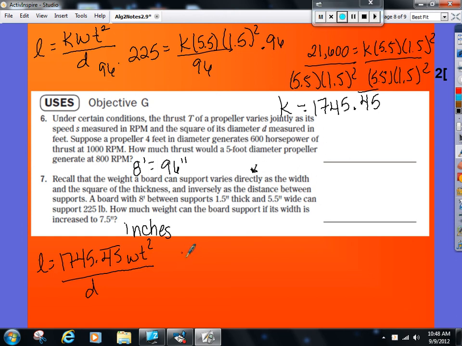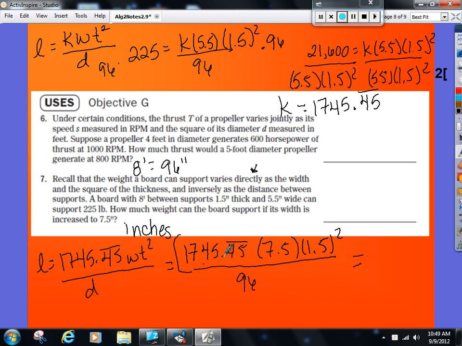So now I'm looking for 1745.45 repeating. The width was increased to 7.5, so this is 7.5. That was the only change, so the thickness should be the same. If you recall, the thickness was 1.5, and that value needs to be squared, all over the distance between the supports, which was 96.